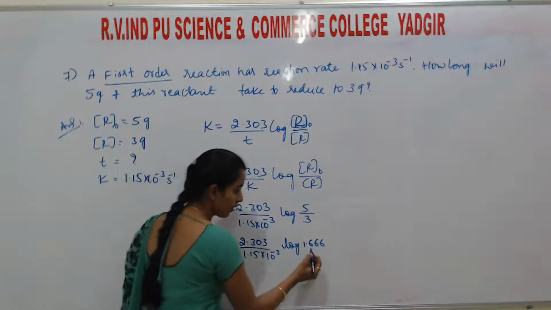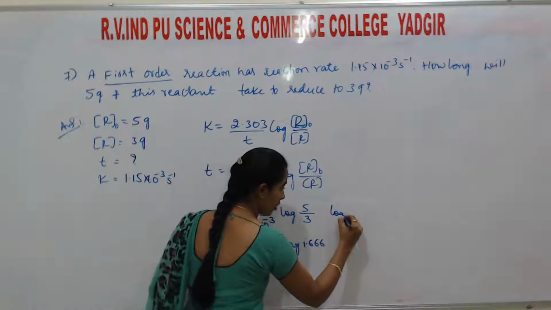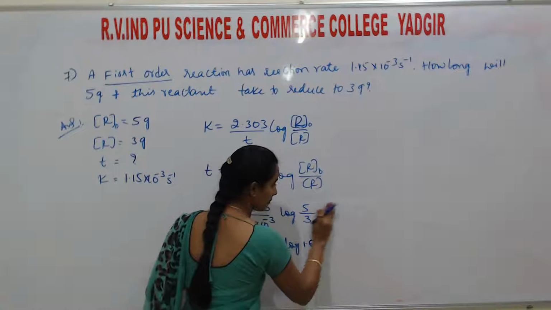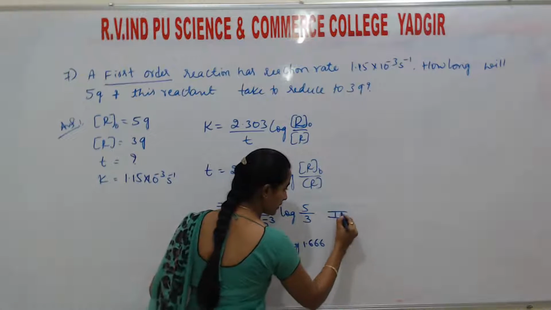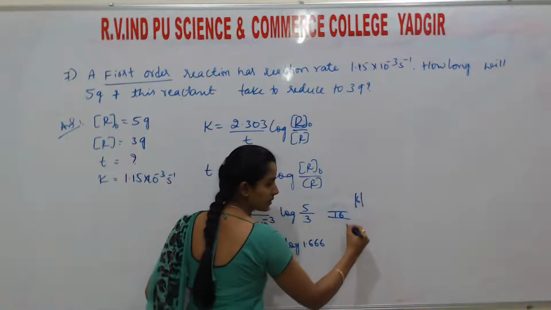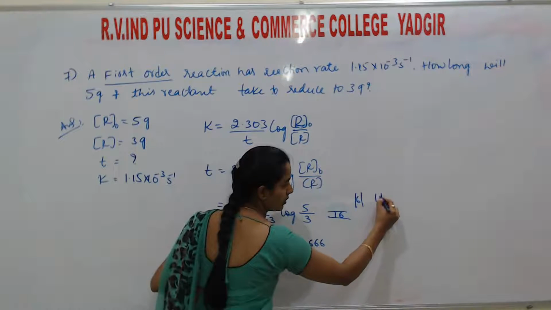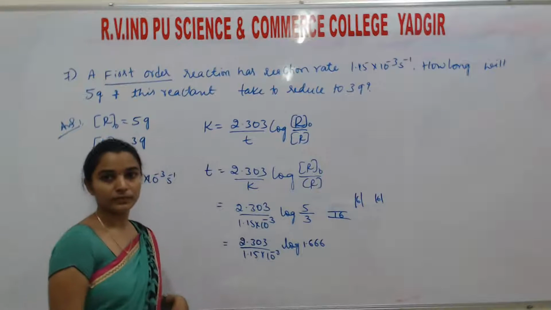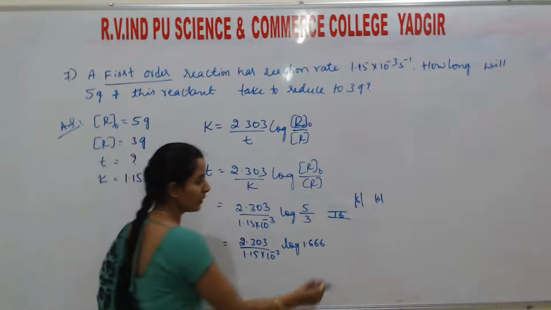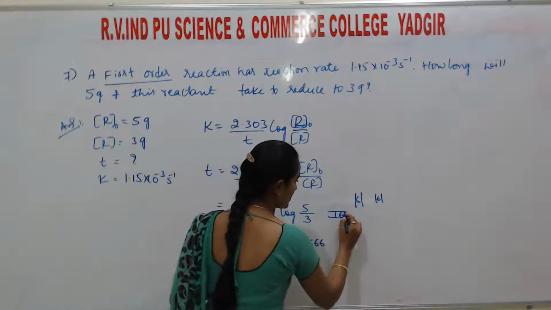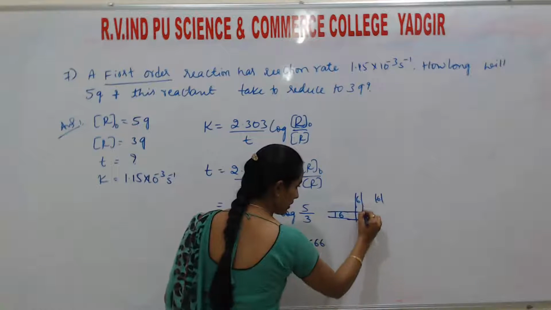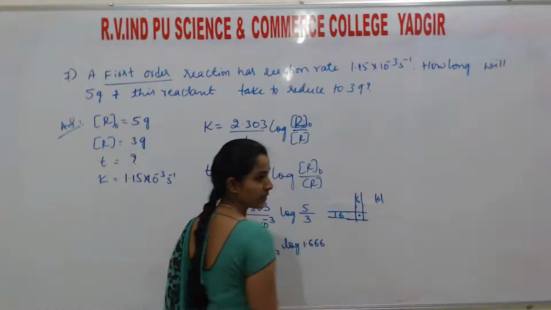Okay. So here how to see the log table: log of 16, in the horizontal it is 16, in the vertical this is 6 and additional 6. In the log table, vertical this is 16 under 6, this value plus 6 value.